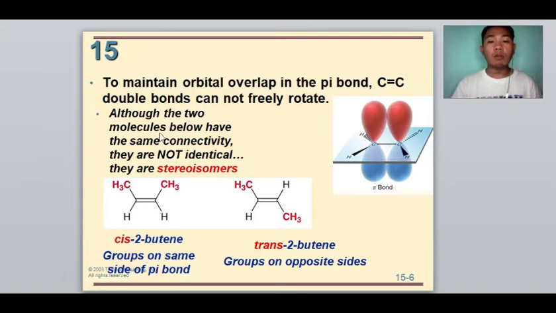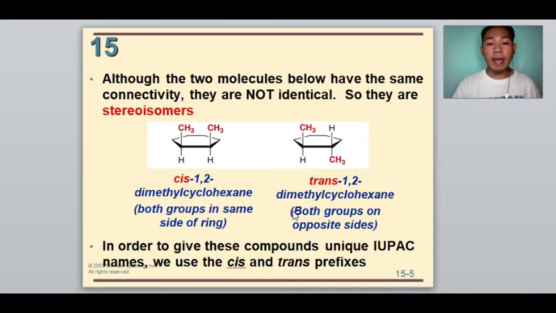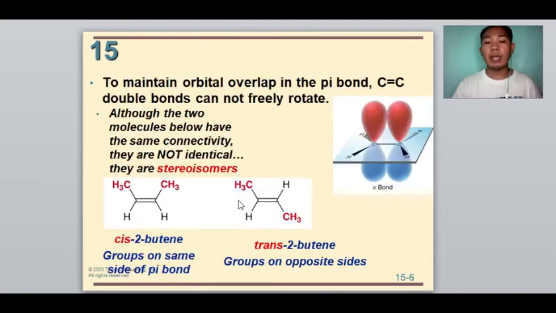Although the two molecules below have the same connectivity, they are not identical. That is why they are stereoisomers, as in this slide: the cis and trans dimethylcyclohexane, and in this case, the cis and trans 2-butene.